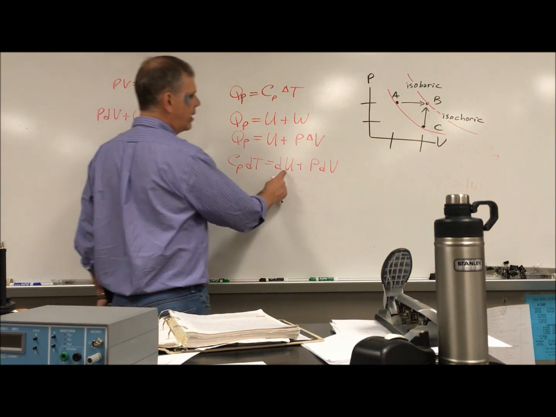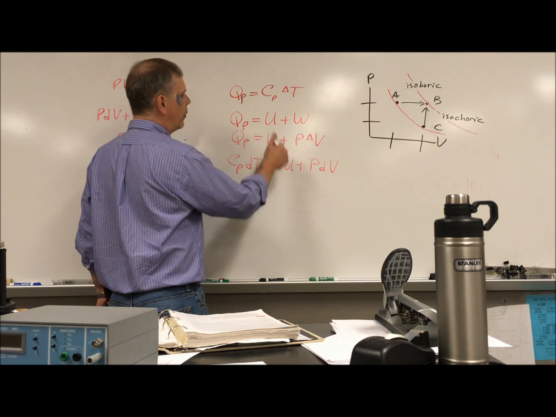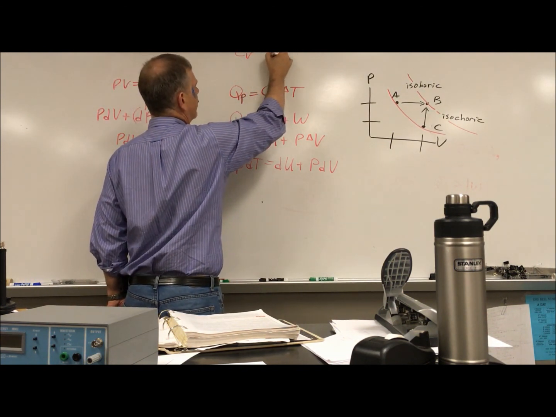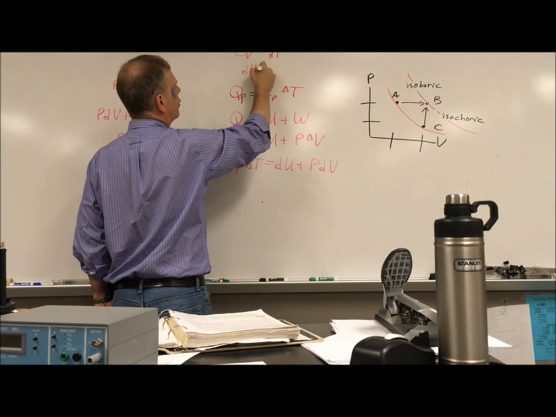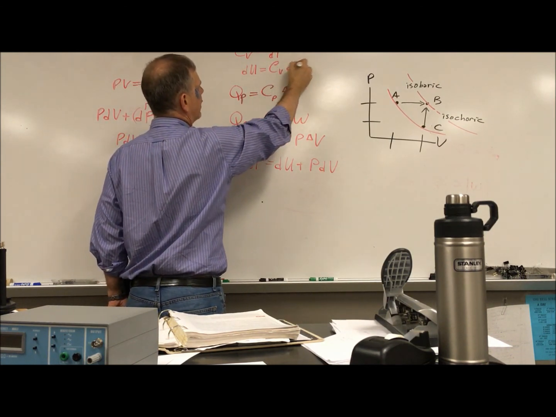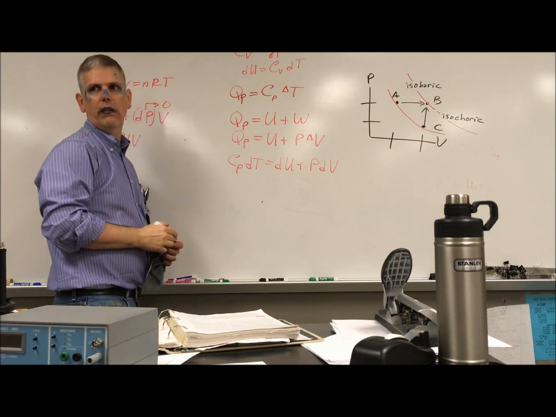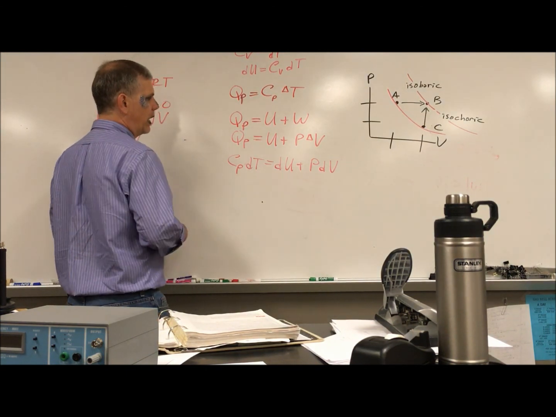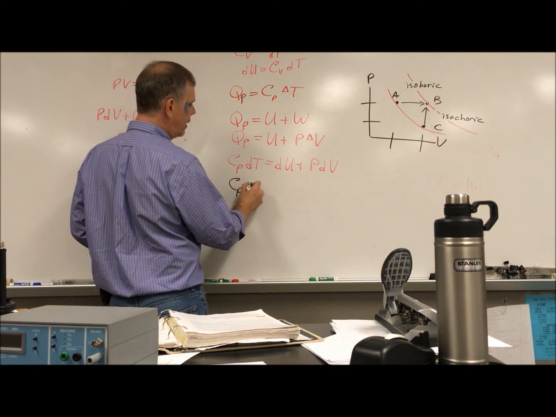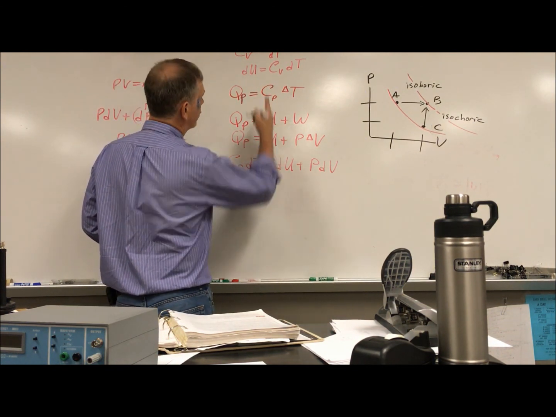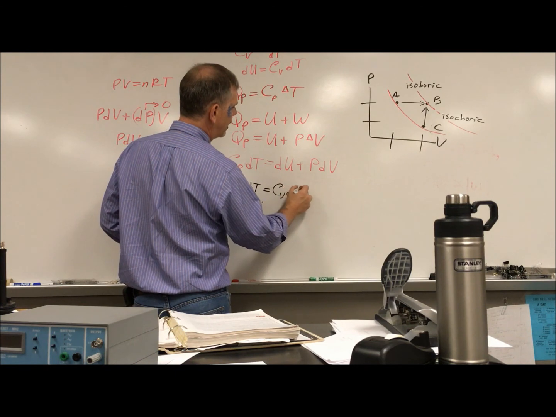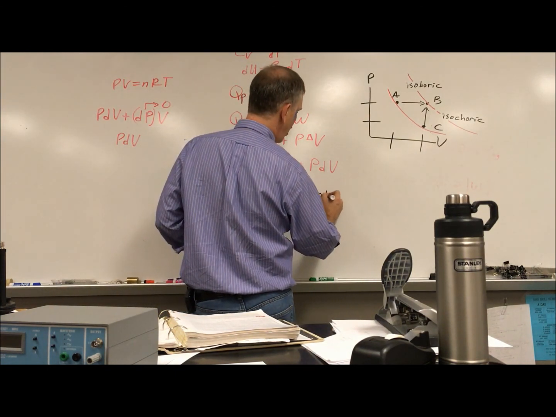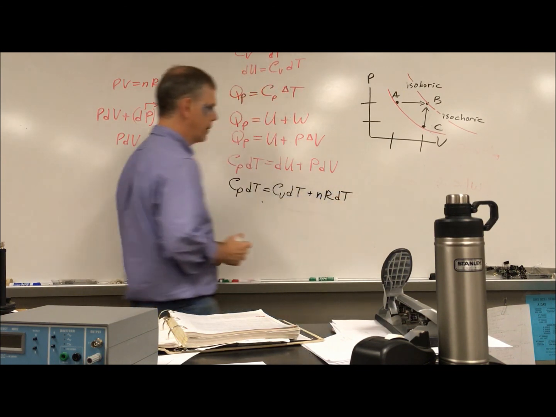This equation right here, didn't we just define that? We just said that CV equals dU over dT, didn't we? So that dU for all processes equals CV dT. Didn't we just prove that? So now down here, we have CP dT equals CV dT plus nR dT.